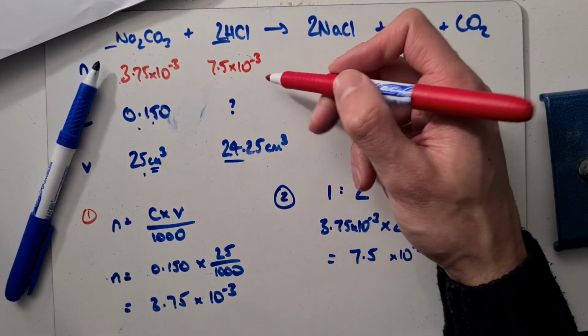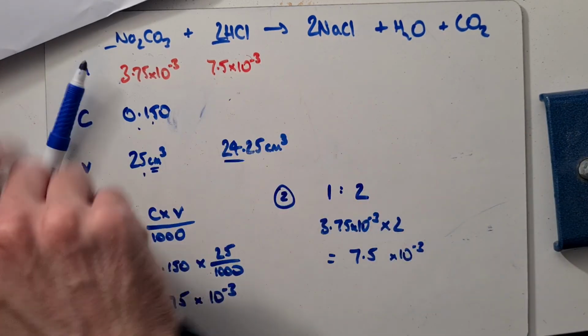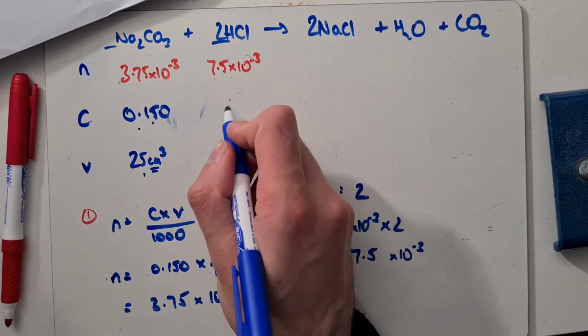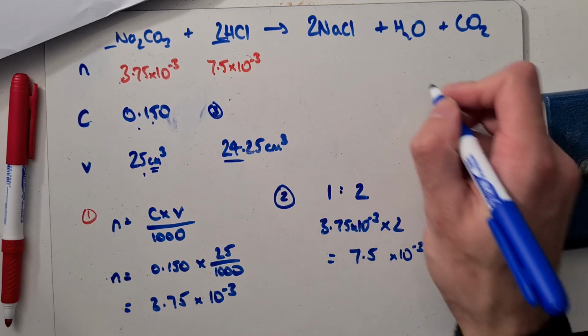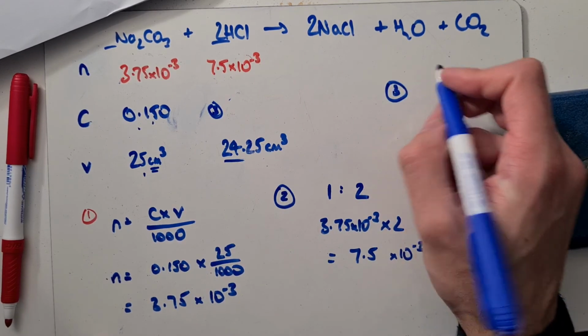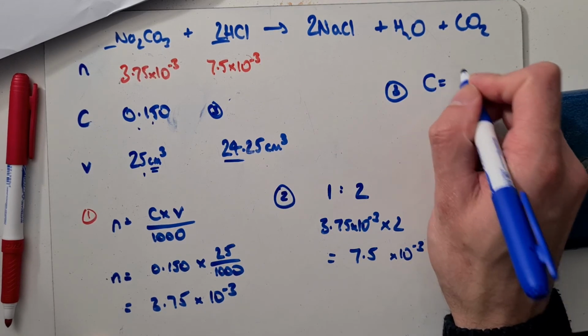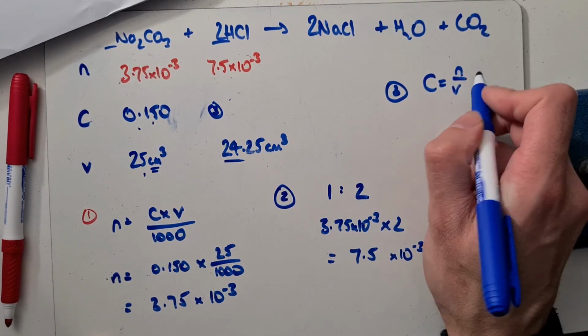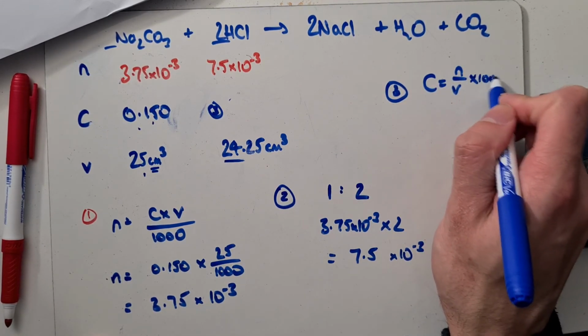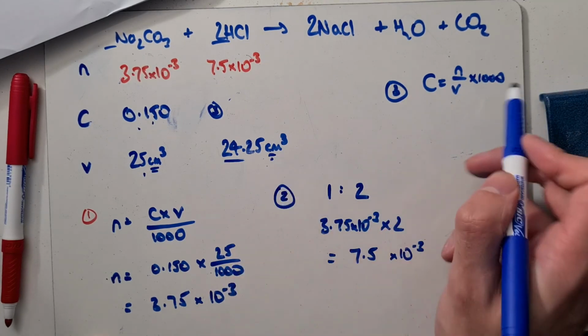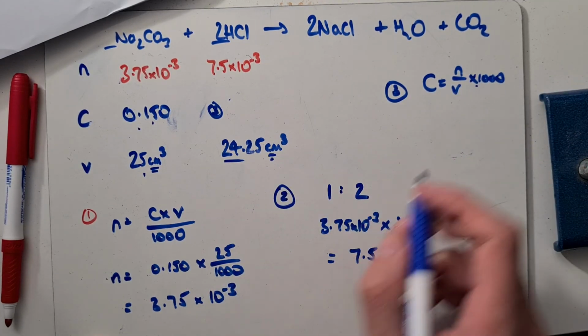Now I've got 2 bits of information on here, I can finally have a look at what the concentration is. I'll need to rearrange this equation, and rearranging it gives me c equals n over v times 1,000. This is in centimetres cubed, so I've got to times by 1,000 here.